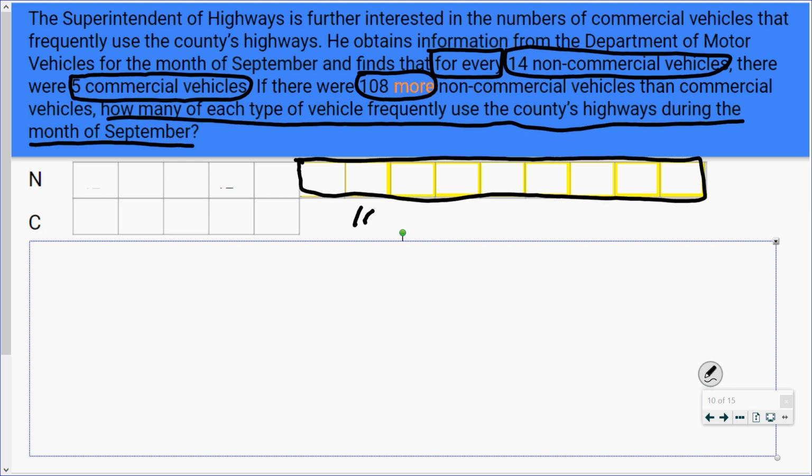John, what do you got? 9 what? 12. So we're going to put 12 in all of these boxes.